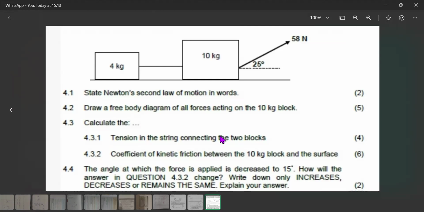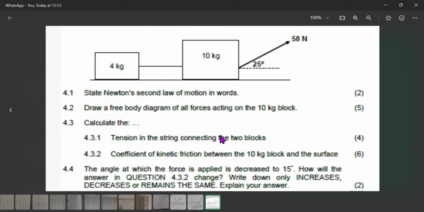But think of it. No, the coefficient is going to remain the same. Why? Because I remember something in the textbook. They said it depends on the type of material of which the two surfaces are composed, right? And then what else does it depend on? It depends on two things.